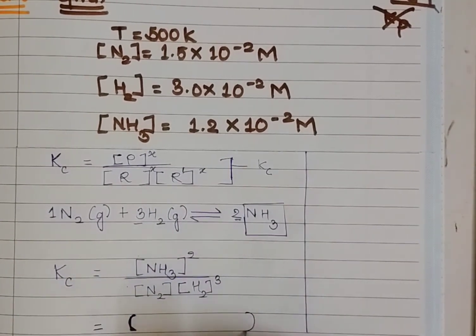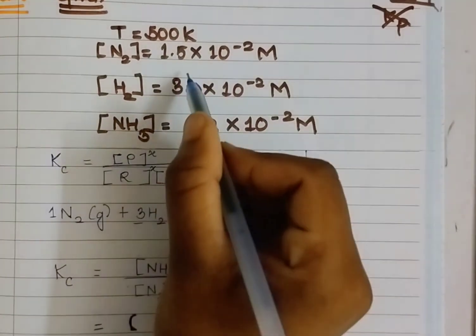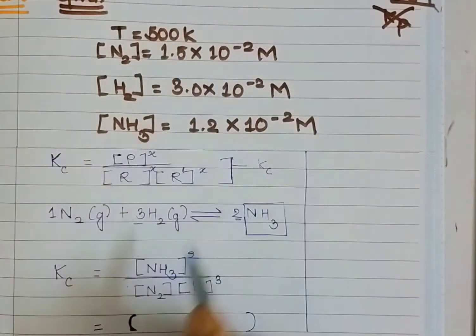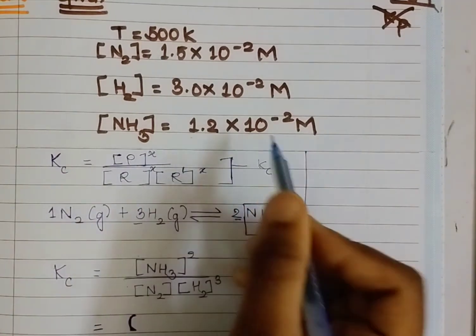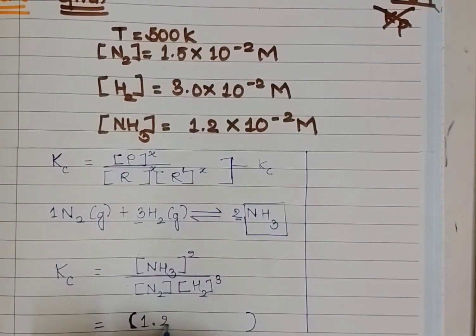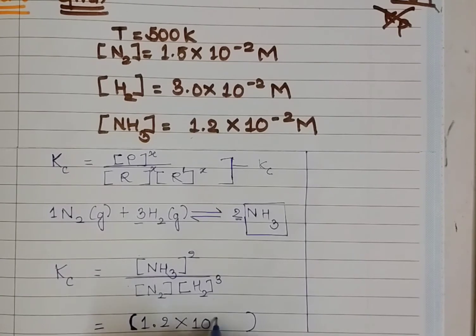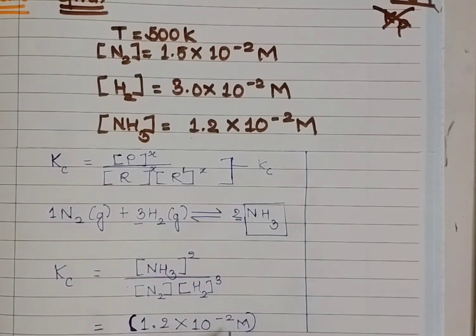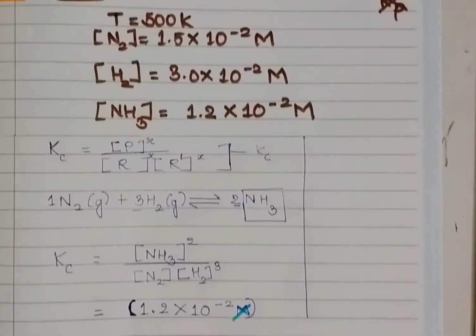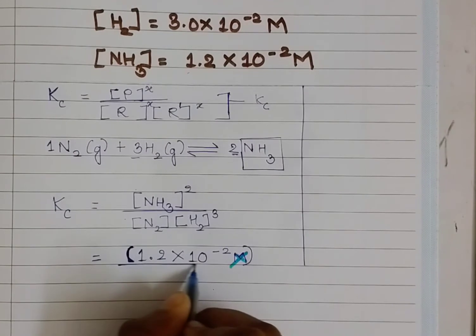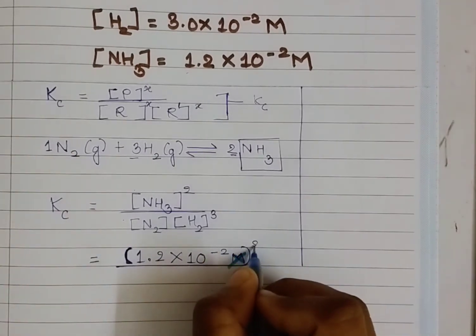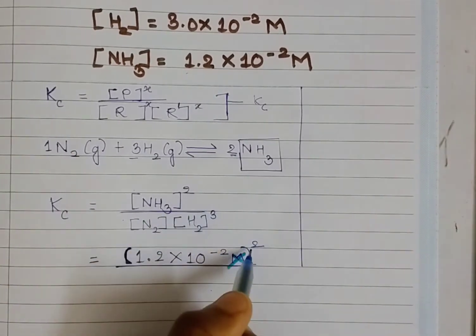We are keeping the round bracket and writing the value of the concentration of NH3, that is 1.2 into 10 raised to the power minus 2 M. We don't need to write the unit, it's not required, so we'll just cut it. And then divided by, this is to the power 2. Don't forget the coefficient, okay?